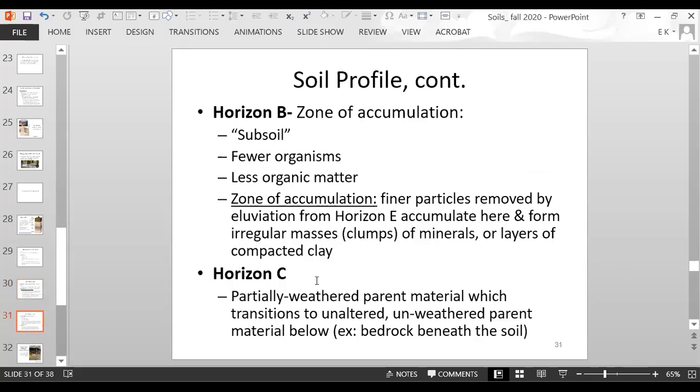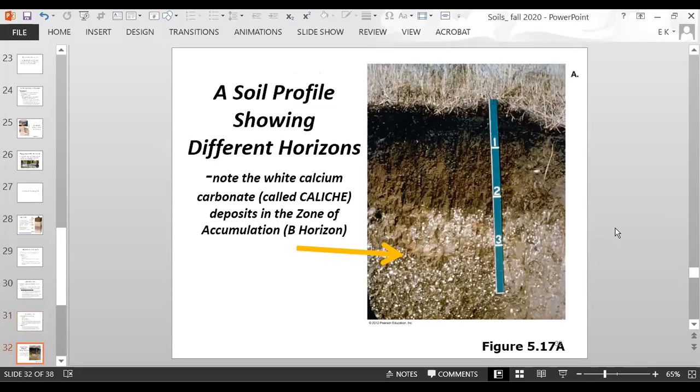Horizon C is your partially weathered parent material that transitions downward to the unaltered, unweathered parent material, such as bedrock beneath the soil. And again, this is a soil profile. You saw this in the video. The white clumps in here are called caliche. That's white calcium carbonate deposits that accumulated in horizon B.